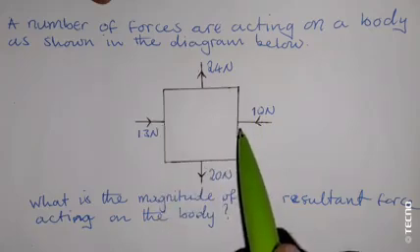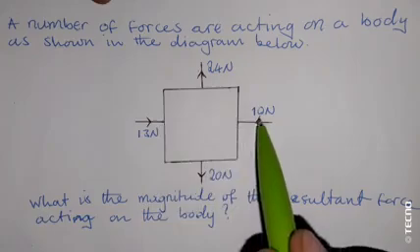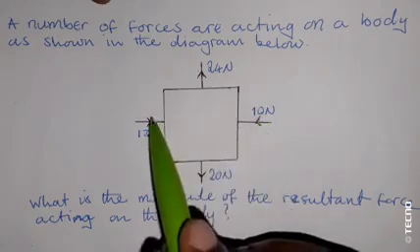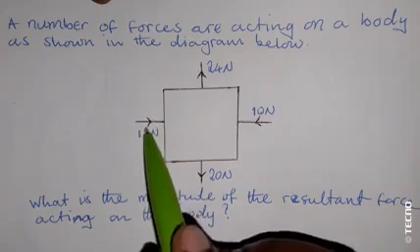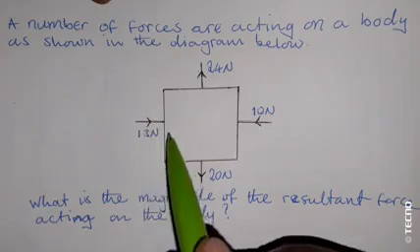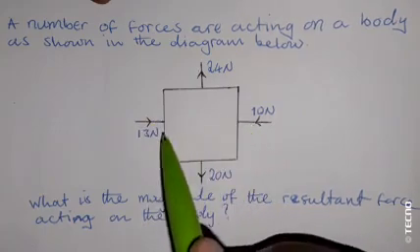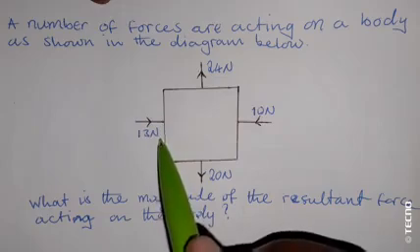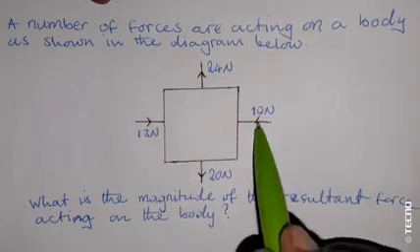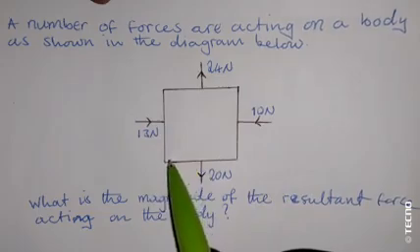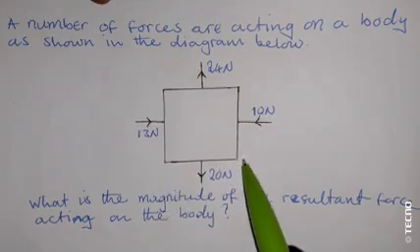The reason is that this one is against this force here, so this one is pushing this one. Now which one is going to overpower the other? The bigger force is going to overpower this one. So if it moves, it will move from here going this side.